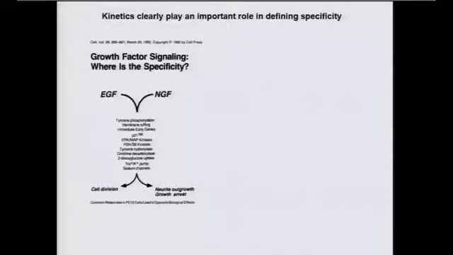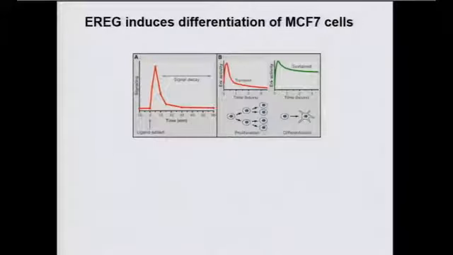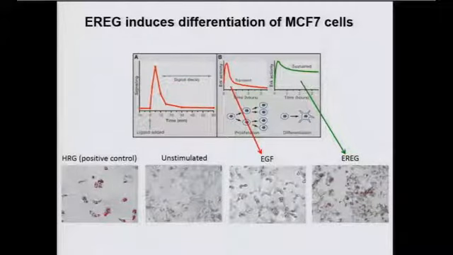The answer to that, summarized in one of the best places in this review from Chris Marshall, is that you get sustained ERK signaling in the case of the neurite outgrowth and growth arrest, but transient in the case of epidermal growth factor and its induced proliferation. So this started now to look really quite interesting. And indeed, if we go in MCF7 cells in this case, we use EGF and epiregulin.